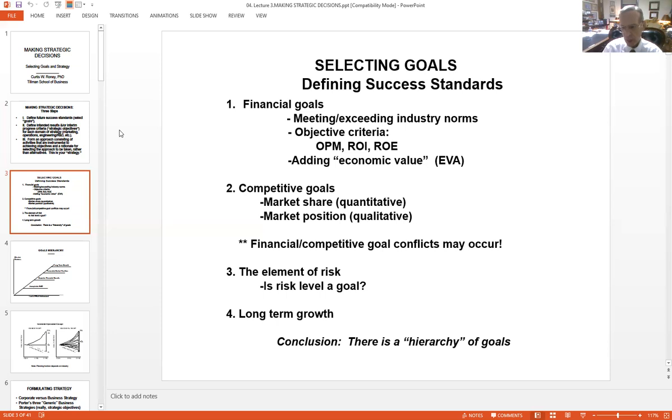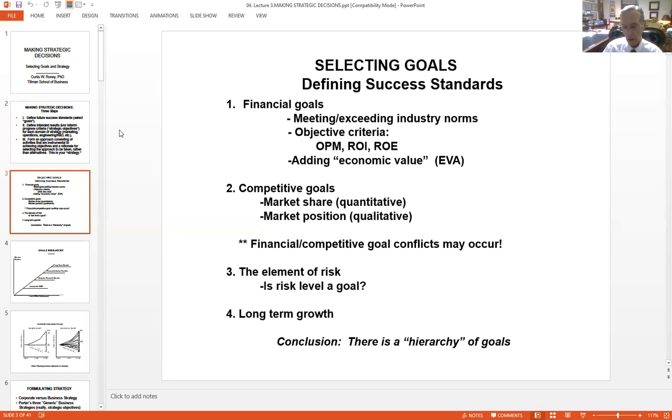So there is a possibility, a likelihood of competition between financial and competitive goals. And it's a pitfall that strategic planners who are not well trained or experienced often encounter without even knowing it.